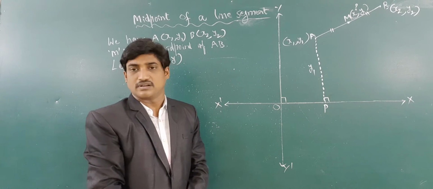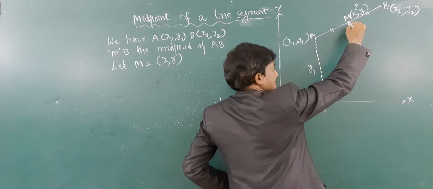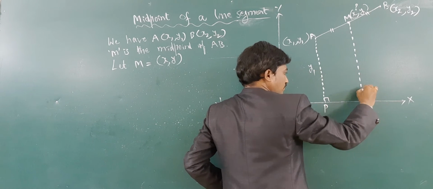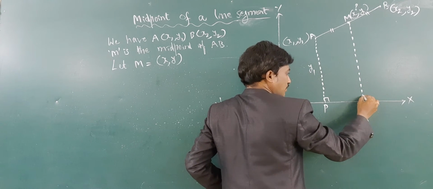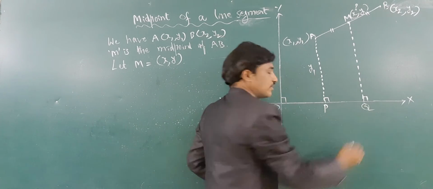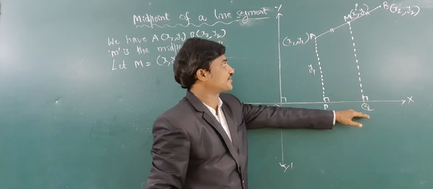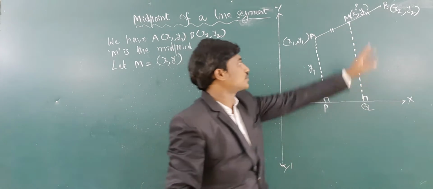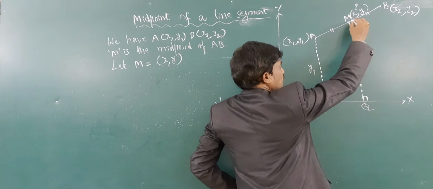Next, let us draw MQ perpendicular to the x-axis. The perpendicular distance from the x-axis to a point is the y coordinate, so MQ is y.